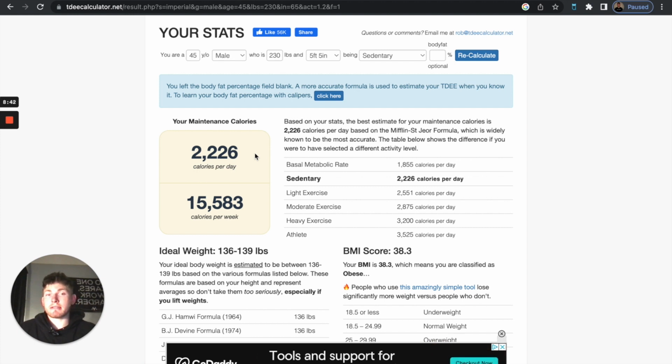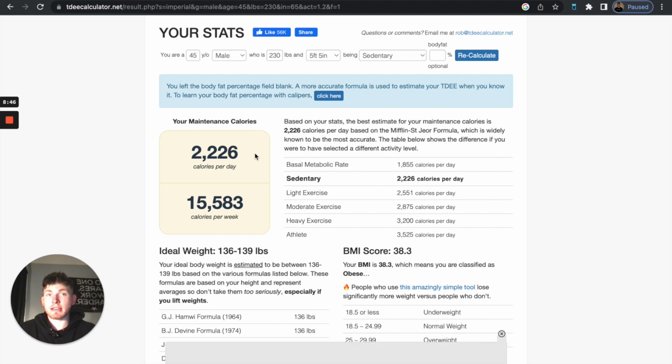Because I'm only eating 1,500 calories a day, my body has adapted to that. So what you would need to do is get your body back to a healthy metabolism, which is at 2,226 calories a day.